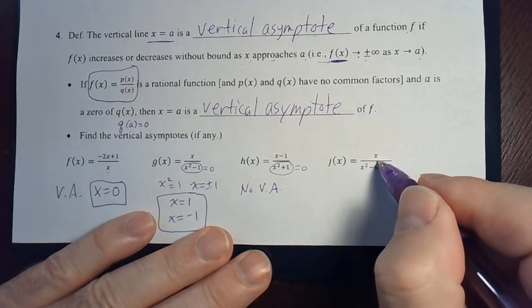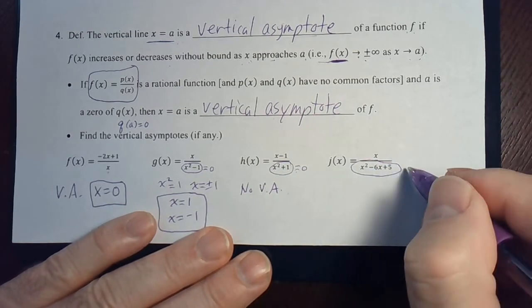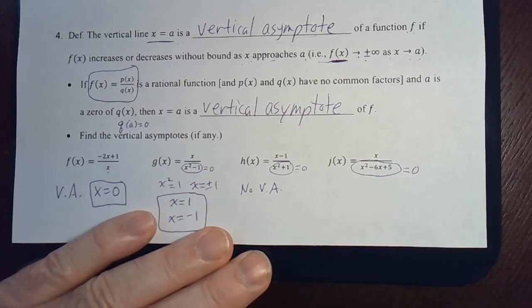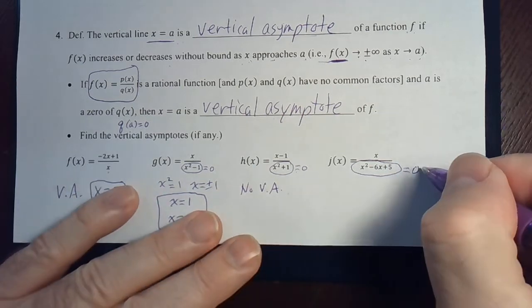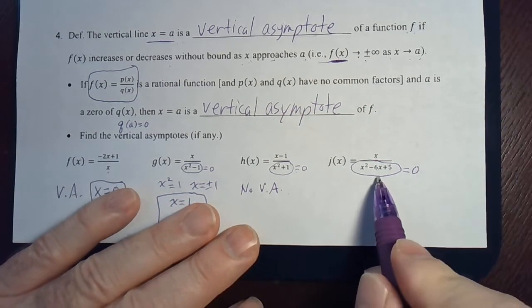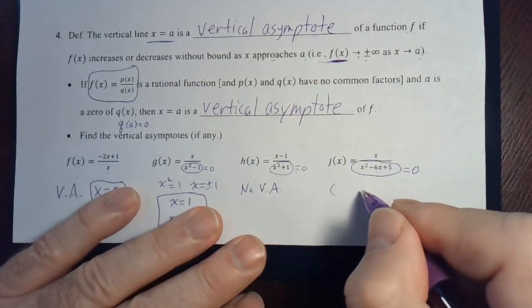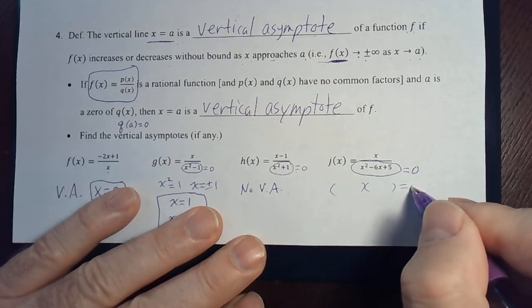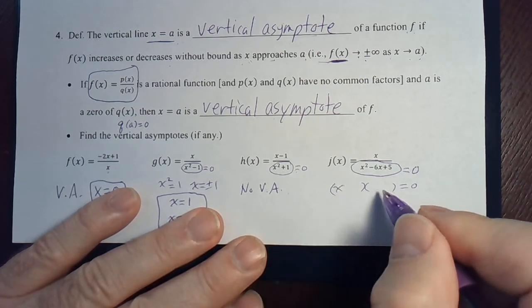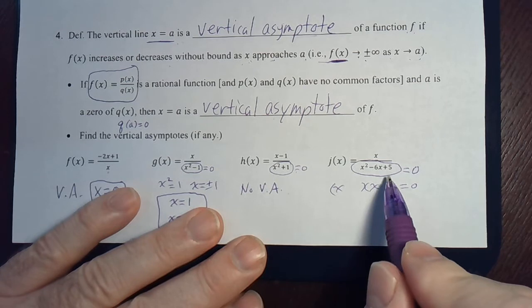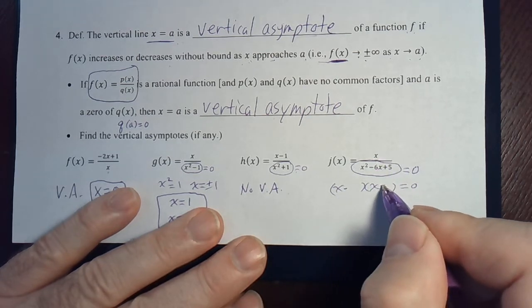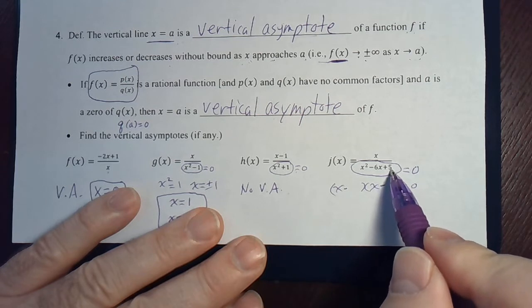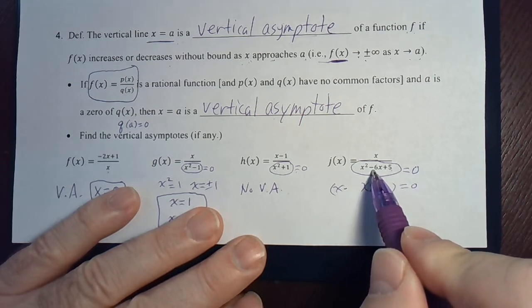And then for our last function, we look at the denominator, looking for a vertical asymptote. So we set the denominator equal to 0 and see if there's any way we can make that happen. Well, I hope this can be factored. x minus, minus, because it multiplies to a positive number and it adds together to a negative.